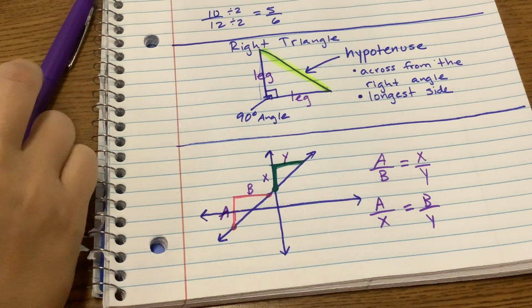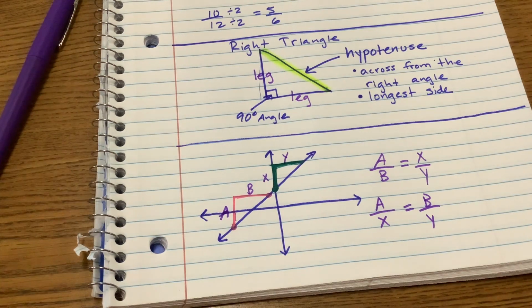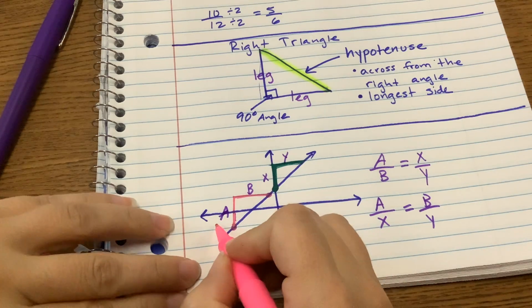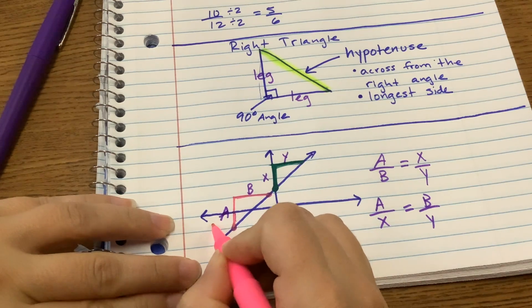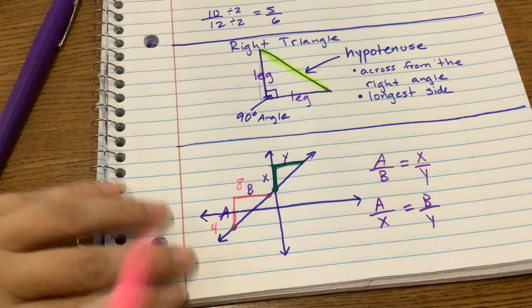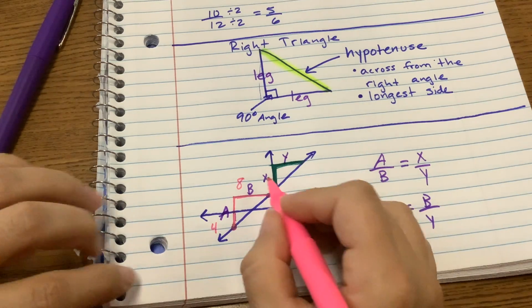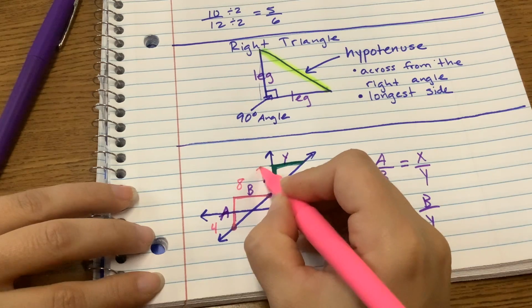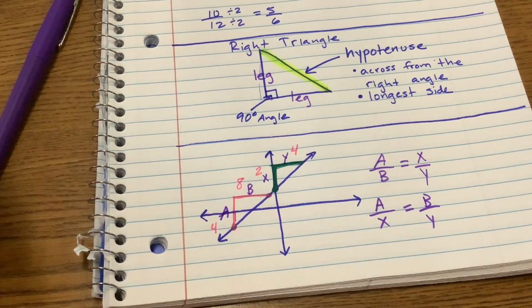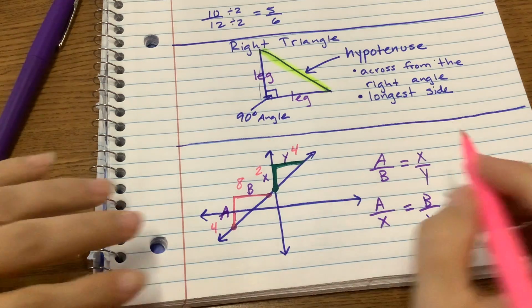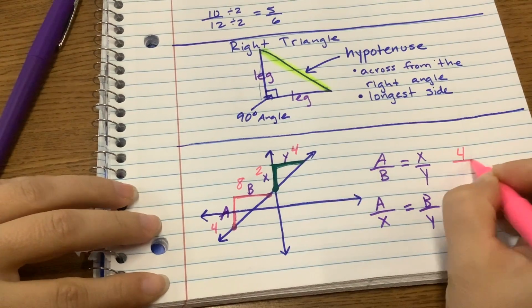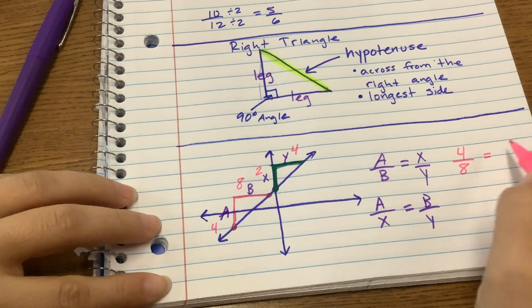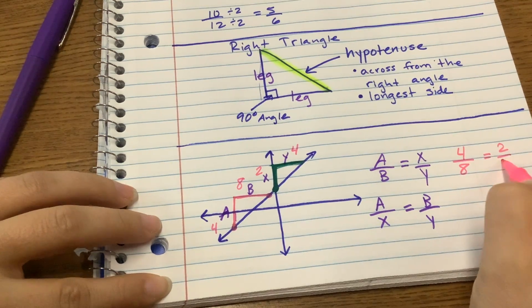Okay, let's put some numbers to this. So instead of A and B, let's make this 4 and 8. And instead of X and Y, let's make this 2 and 4. Okay? 4 is to 8 as what? 2 is to 4.